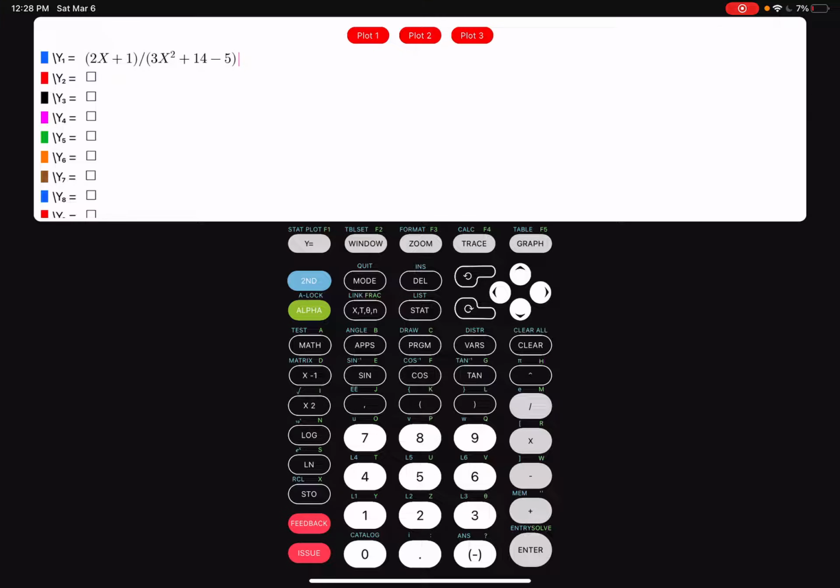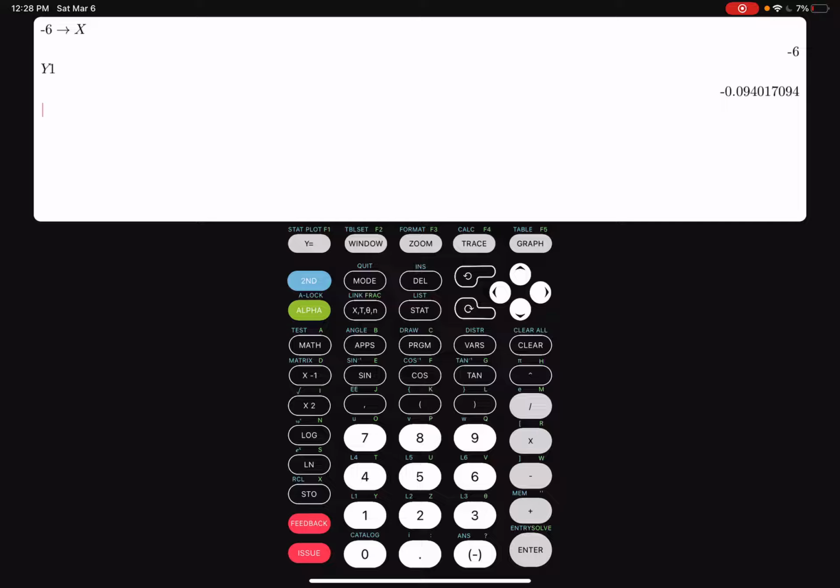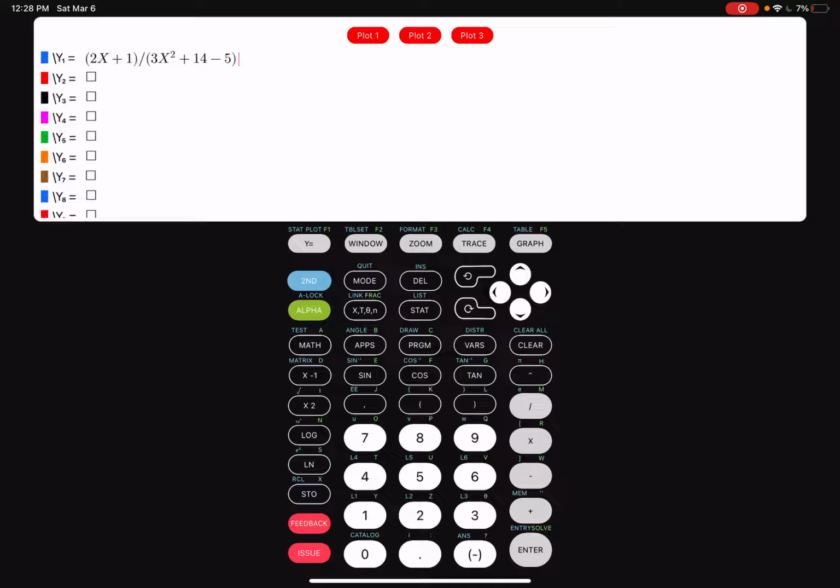Interesting. All right. And then 2x plus 1 divided by 3x squared plus 14x minus 5. Oh, I forgot the x up here. See, I do that all the time. I forget things. Okay. Now it should work.